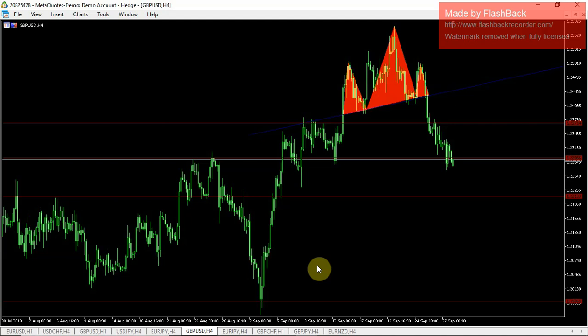Welcome to this week's market review, this week's market forecast, and that is a technical analysis part. So technically we are looking at the pound. The pound showed us some interesting concepts from last week and pointing towards a potential bearish breakdown.